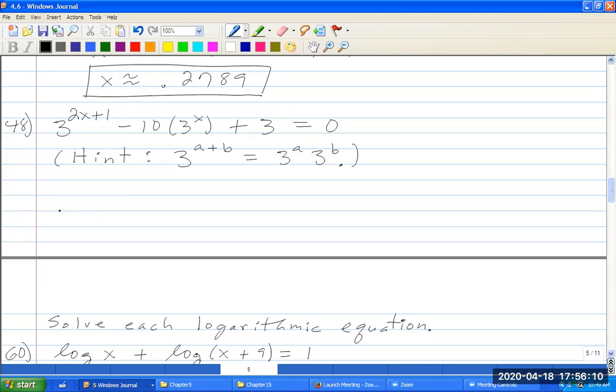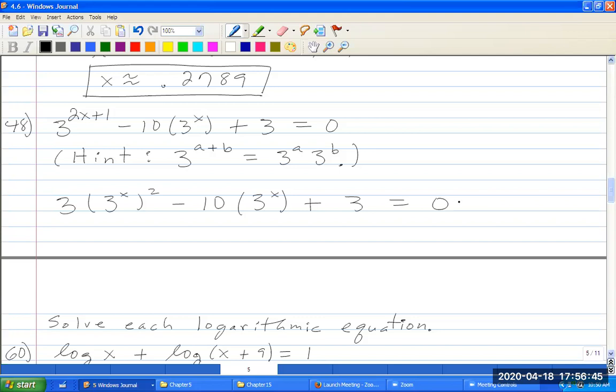So I can rewrite 3 to the 2x plus 1 as 3 to the x squared, that's 3 to the 2x, times 3, so that's going to be 3 to the 2x plus 1, minus 10 times 3 to the x plus 3 equals 0.